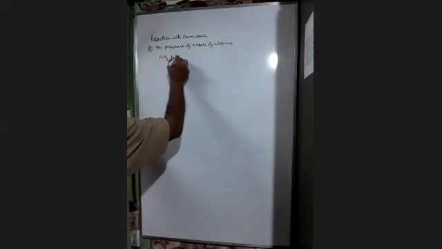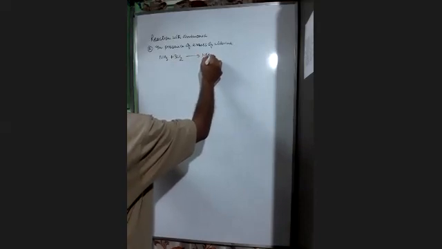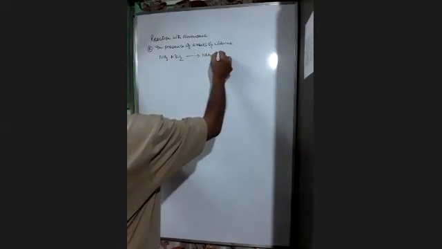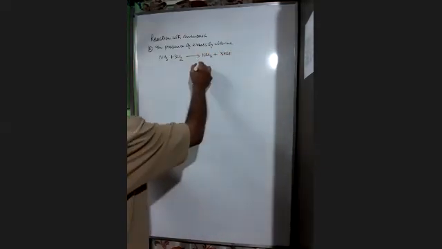So I'll write here NH3 plus 3Cl2. You will get NCl3 and HCl. This is called nitrogen trichloride.